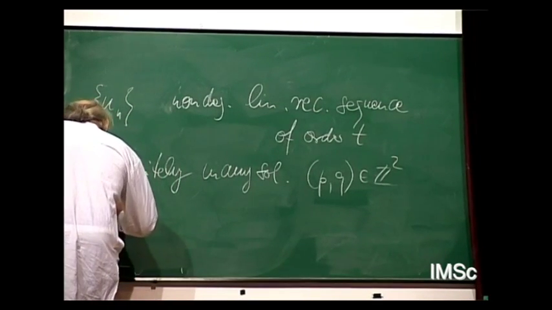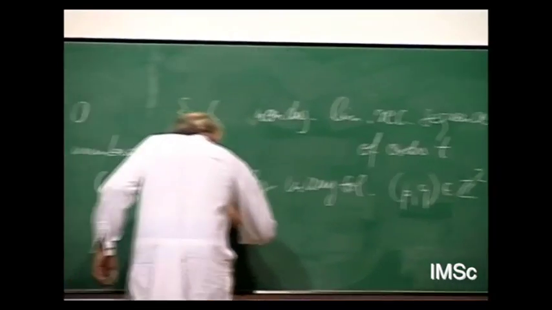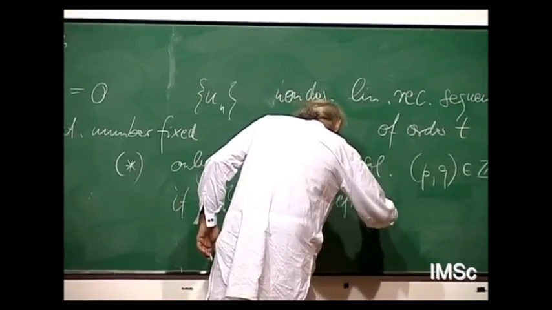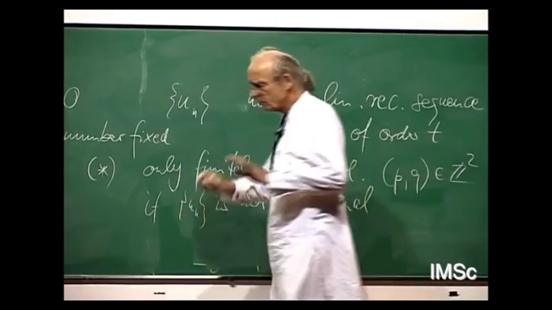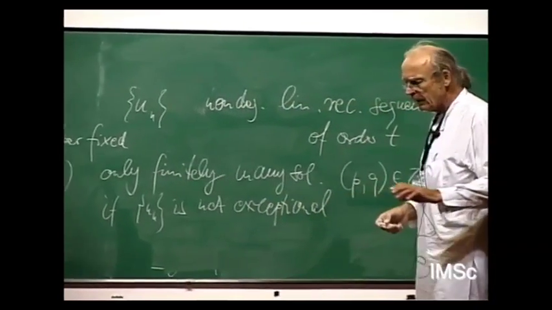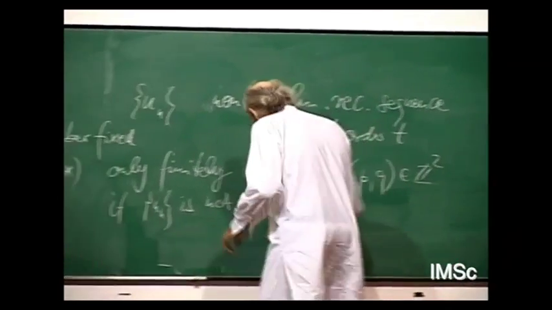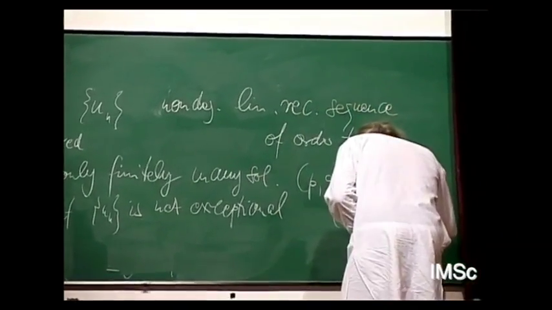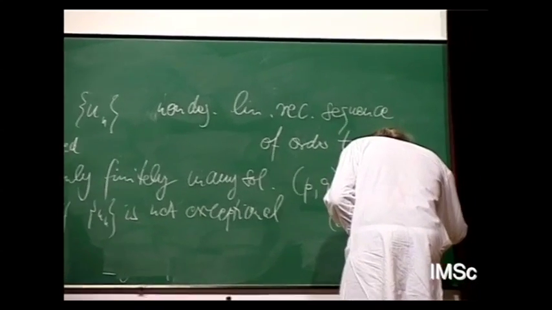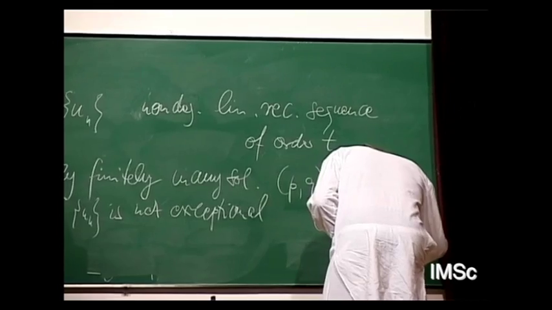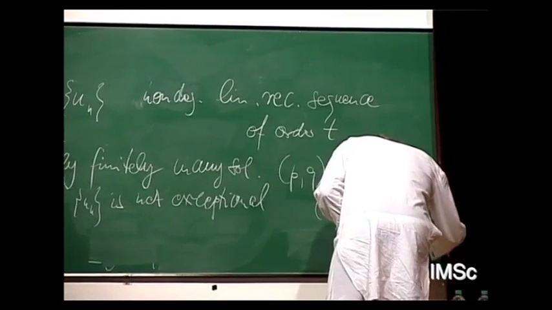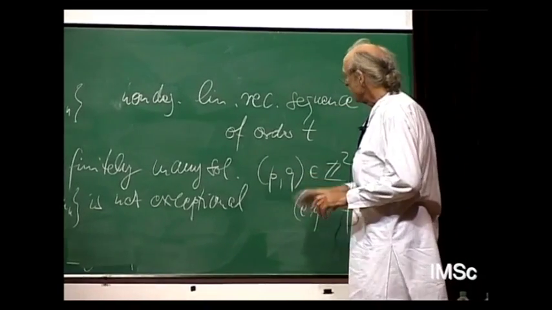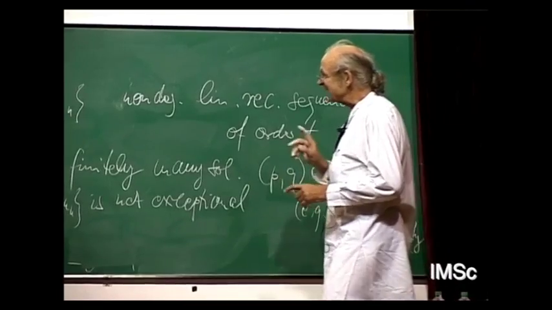If u_n is not exceptional, this is characterized in detail. I just indicate one example. We have to avoid, for instance, that our sequence is of the shape f of n times alpha to the n, where alpha is a root of unity. There are other exceptional cases that I'm not going to discuss.